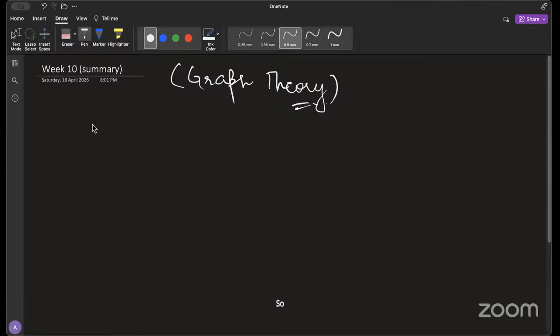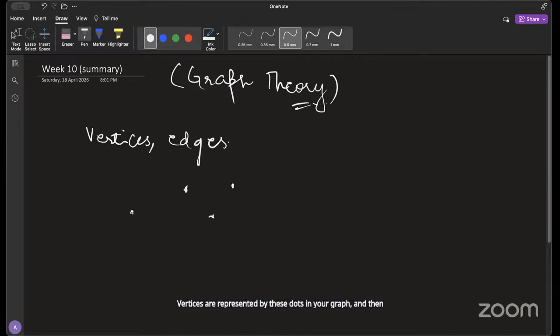So a graph consists of two things. One is your vertices and the other is edges. These vertices are represented by these dots in your graph, and the edges are what join two vertices. So this is called an edge. These are called edges.